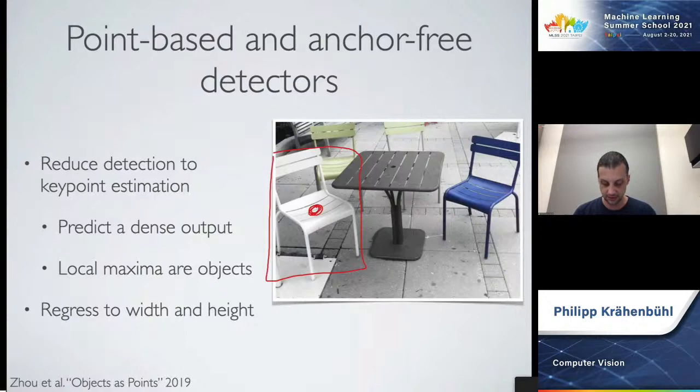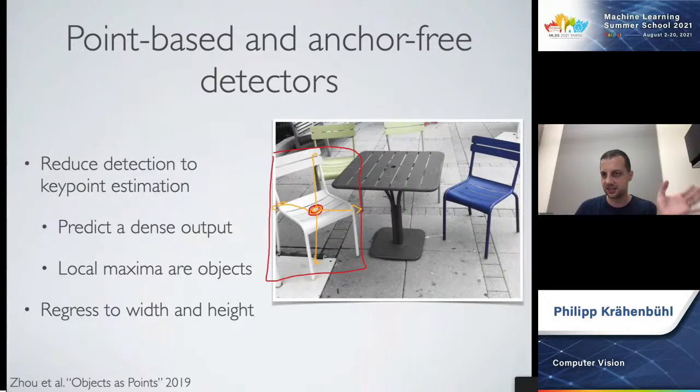And now, if you can detect the center, you can recover the box by simply regressing to the size. So instead of needing to enumerate all possible anchors, all possible box shapes, you now only need to enumerate all possible centers. And the possible centers are really just possible 2D locations in an image. The way you can do this efficiently is by using dense regression to a heat map where each peak in the heat map corresponds to a center.